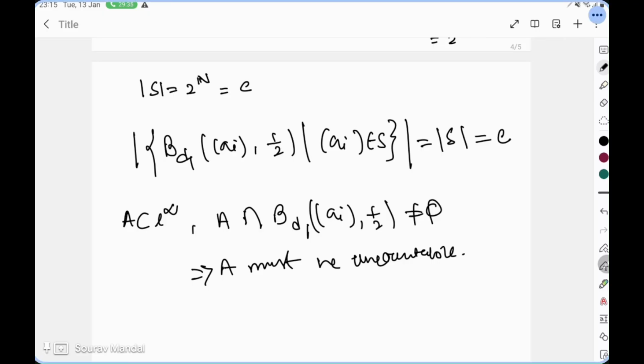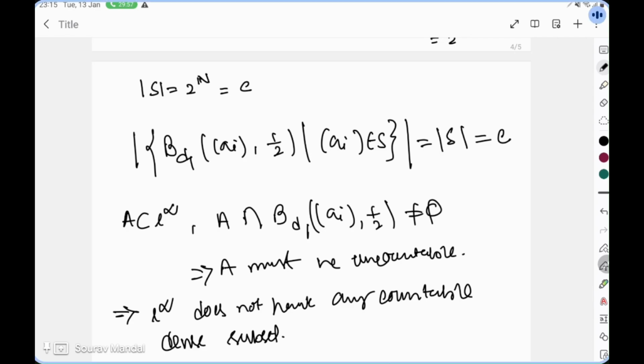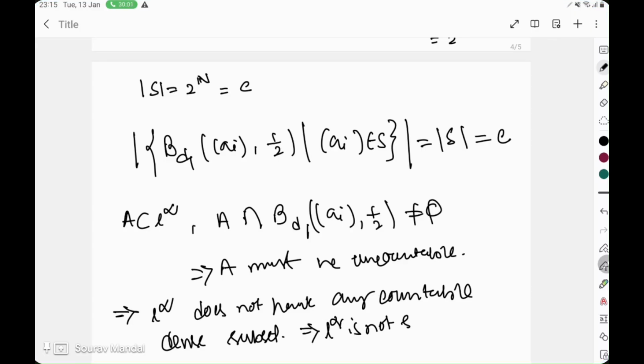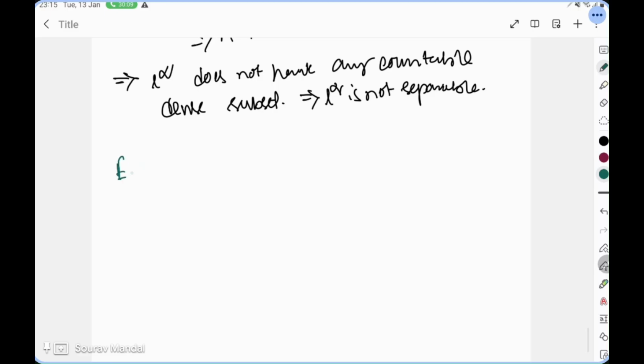So L infinity does not have any countable dense subset. That means L infinity is not separable. But this is your homework.